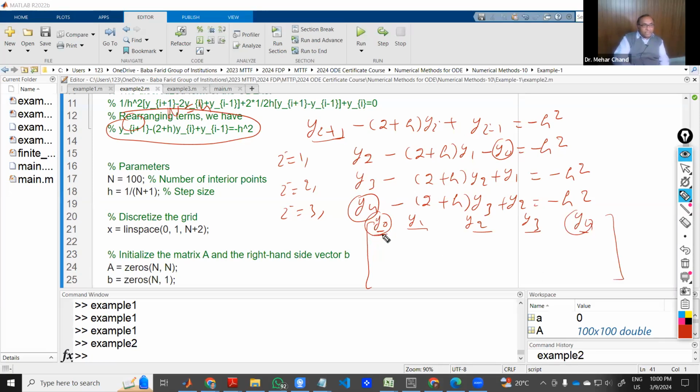So on the left hand side we have y0, and y0 is equal to 0. Since this is a constant value, you can write it on the right hand side.